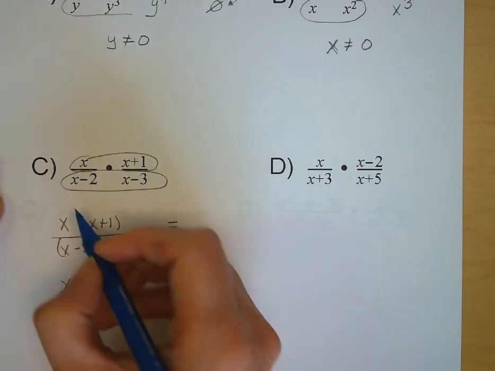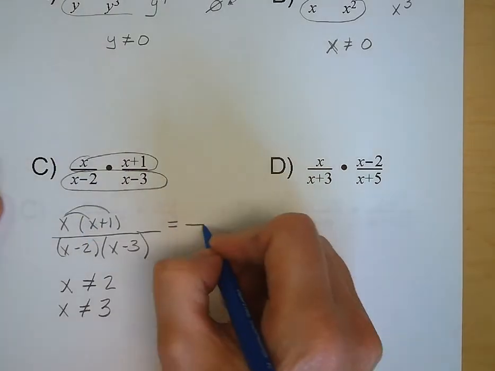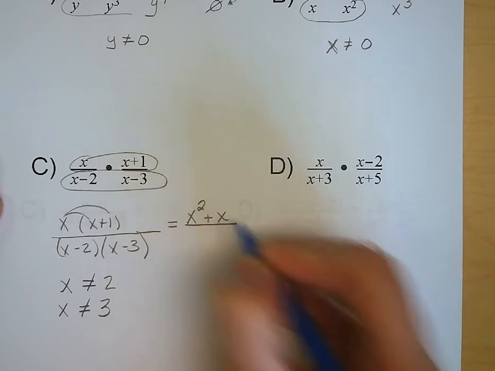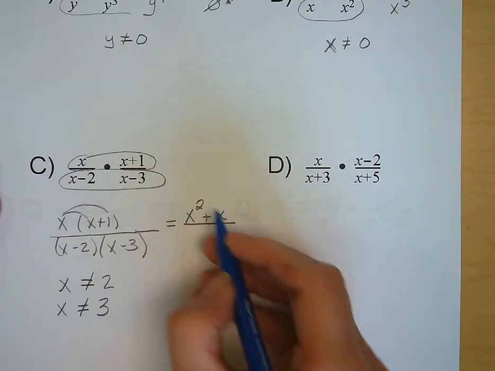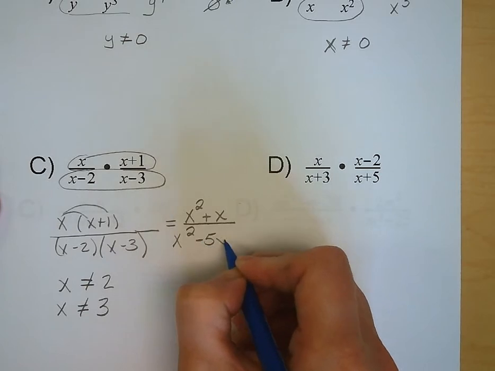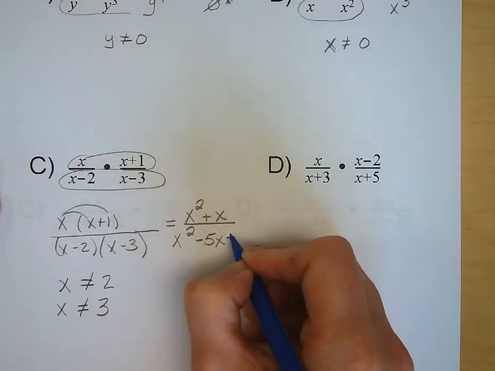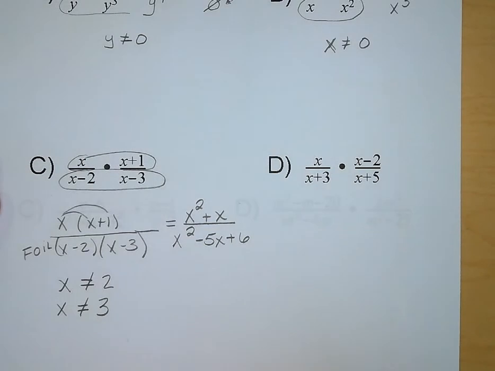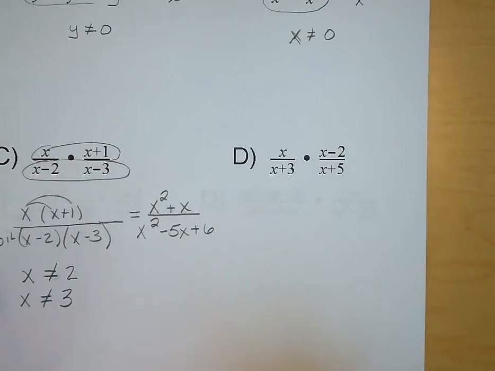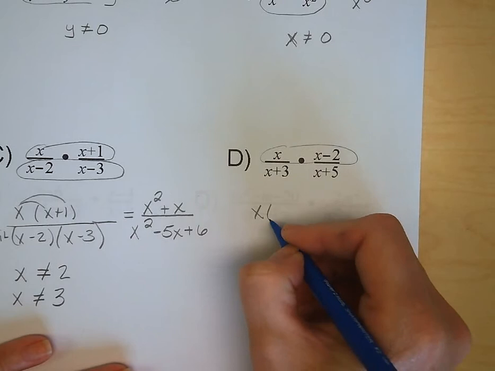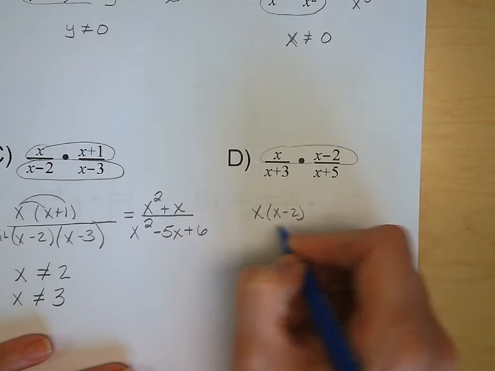All right, now before we finish, we need to make sure we distribute. We're going to have x squared plus x over x squared minus 5x plus 6. Make sure you FOIL.